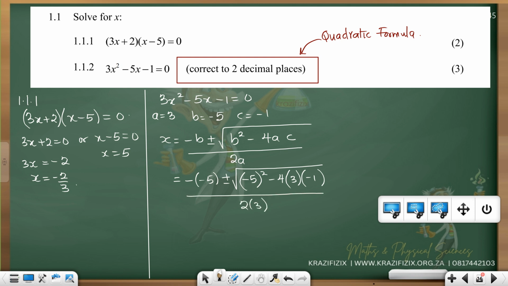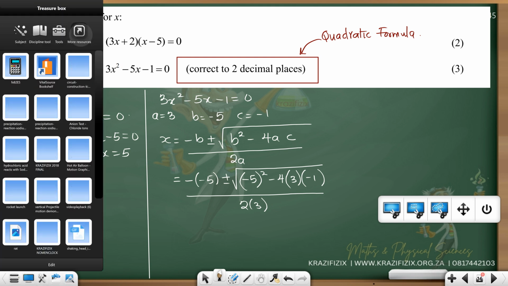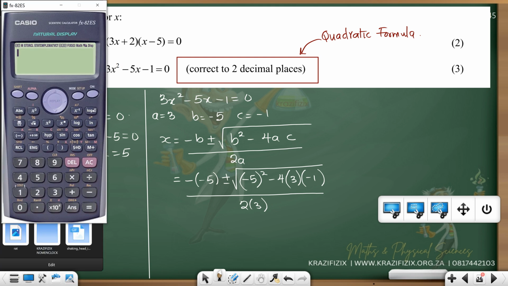2 and 3. Okay, so we grab a calculator quickly. Negative, open bracket, negative 5, plus the square root of negative 5 all squared minus 4 times 3 times negative 1, over 2 times 3, which is 6.